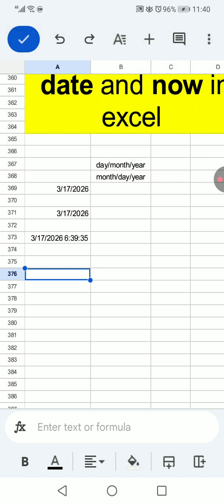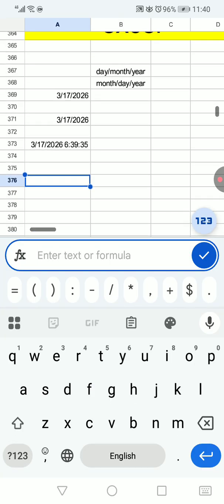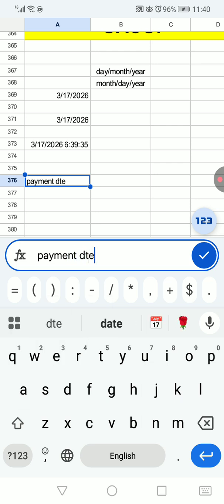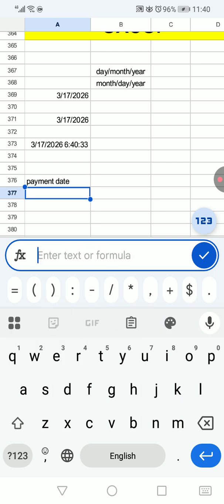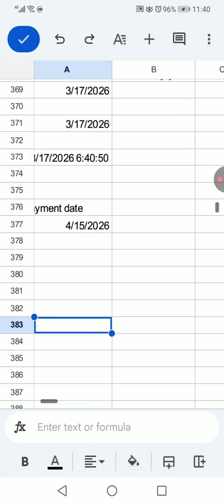Let's say here you have written payment date. Let's say you have posted it as April, and then 15th April 2026 is your date of payment.